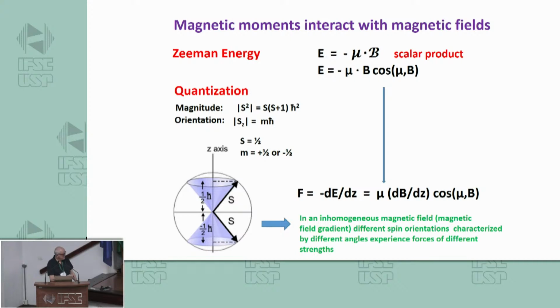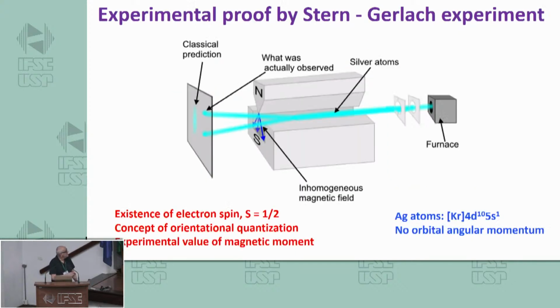So what the Stern-Gerlach experiment predicted is the following: in an inhomogeneous magnetic field, in a magnetic field gradient, a particle having an electron spin traveling through this inhomogeneous magnetic field exists only in two states, and these particles, depending on whether in a state of plus 1/2 or minus 1/2, would suffer forces in opposite directions.